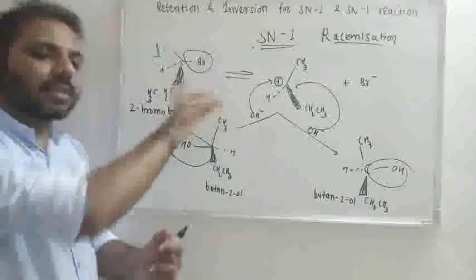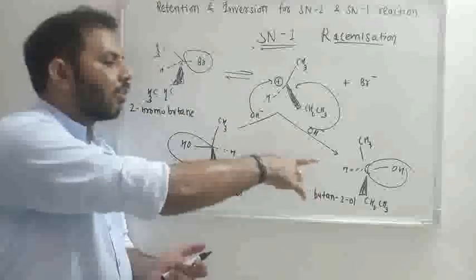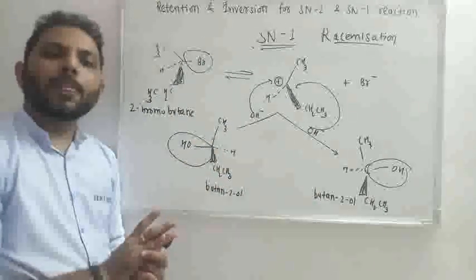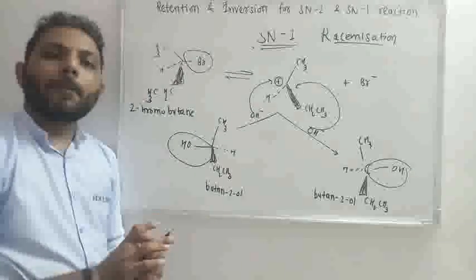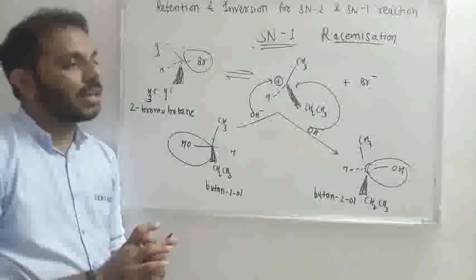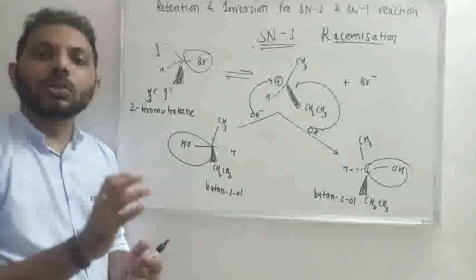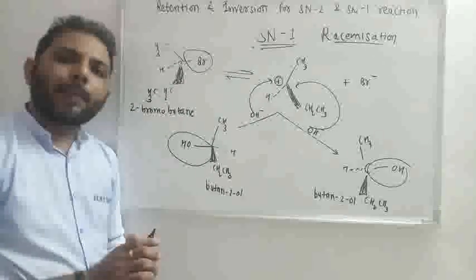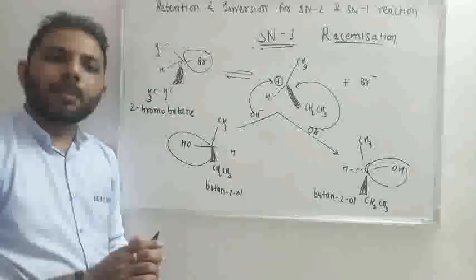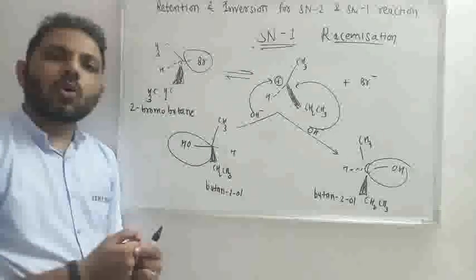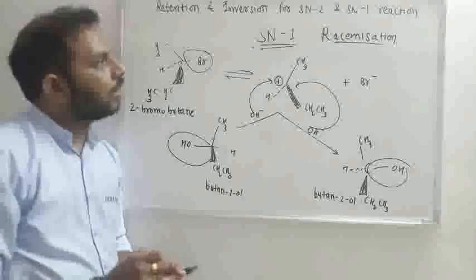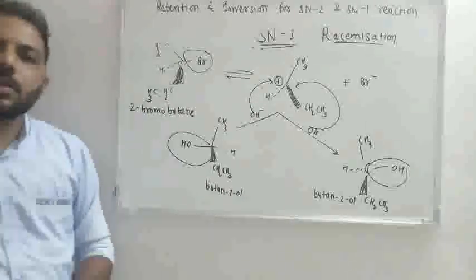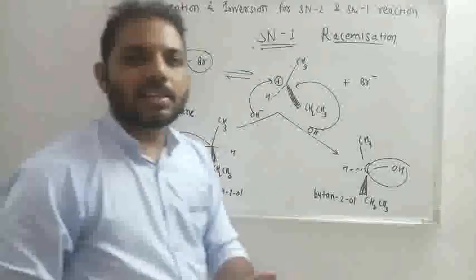But in the case of SN1, we get equal amounts of retention and inversion product, and that is known as racemization, and the optical activity of this racemic mixture is 0. So after the SN1 reaction, the optical activity of the mixture we get is 0, right? So this is all about retention and inversion in the context of SN1 and SN2.